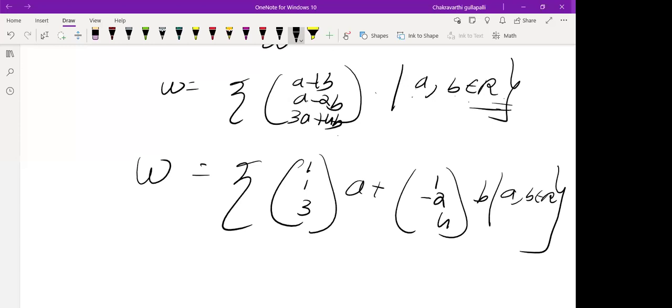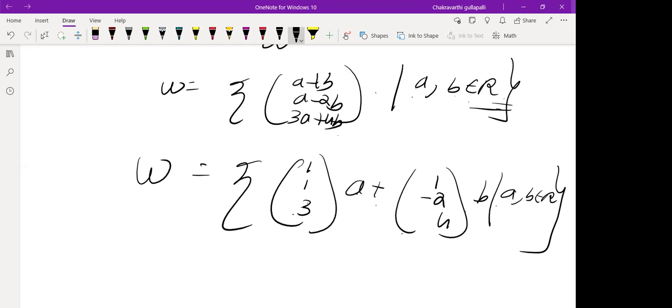But all the infinite number of vectors can be written as a linear combination. In which form? C1 U1 bar plus C2 U2 bar. Whenever W is written in the form C1 U1 bar plus C2 U2 bar, that is what is called linear span. What is linear span?